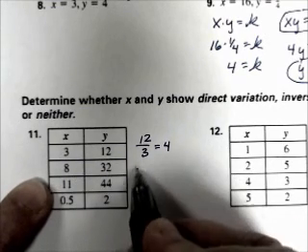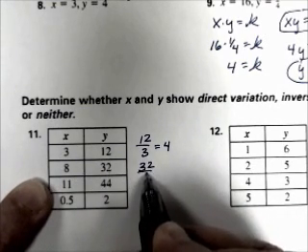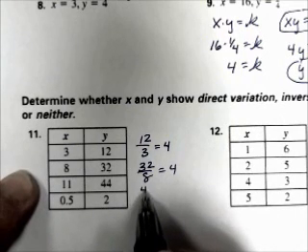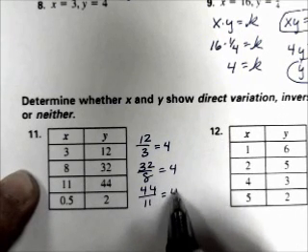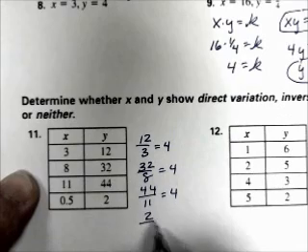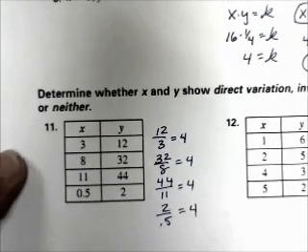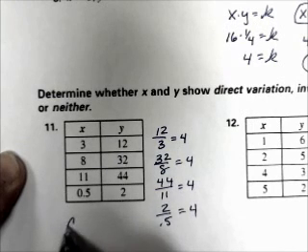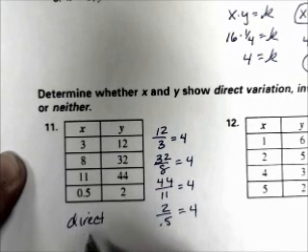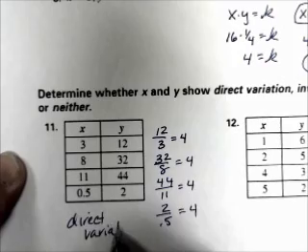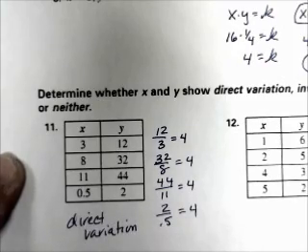Is 32 divided by 8 the same? That is 4, and 44 divided by 11 is 4, and 2 divided by a half, or 0.5, is 4. So this would be an example of direct variation, if the quotient comes out to be the same constant.